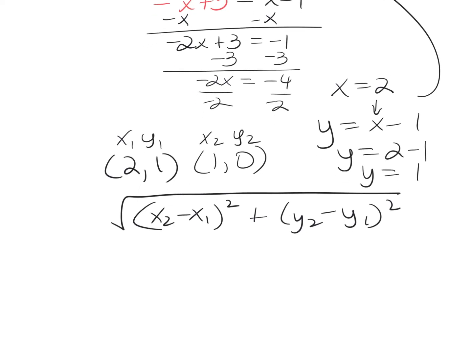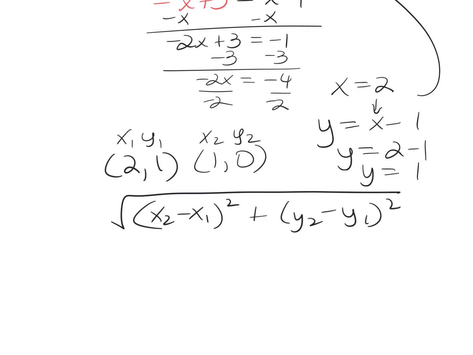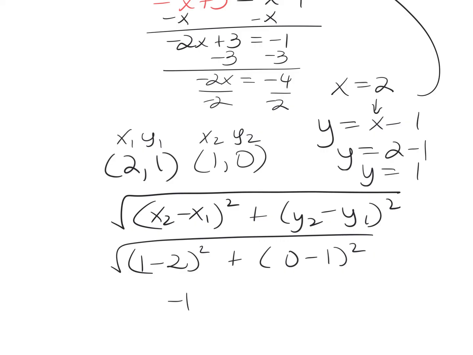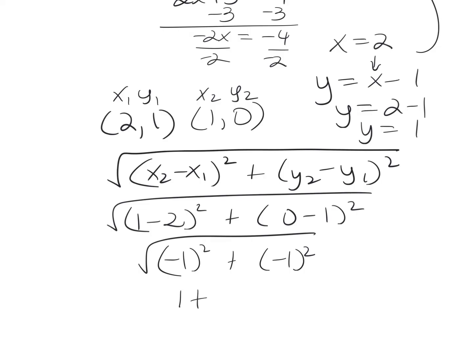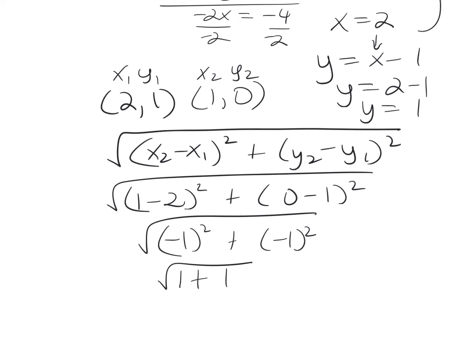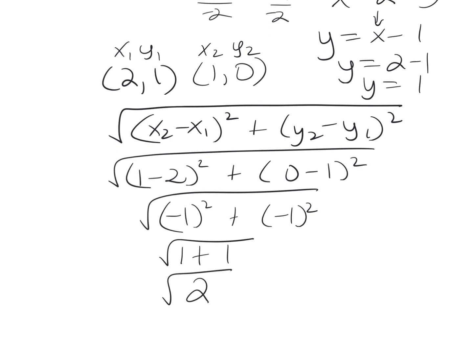It really doesn't matter. So now I'm going to subtract 1 minus 2 squared, 0 minus 1 squared, all under the radical, negative 1 squared is 1, 1 plus 1, and I get the square root of 2.